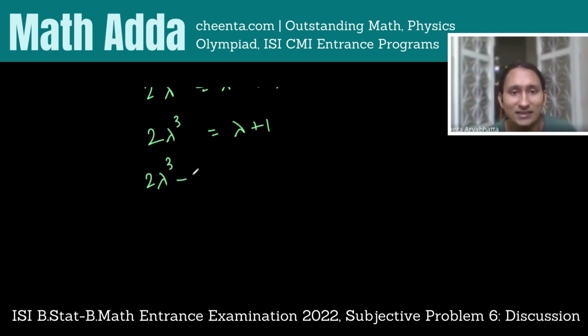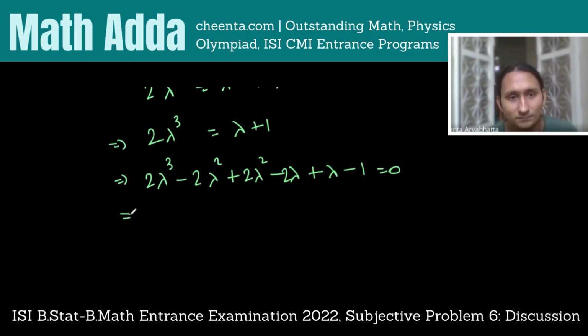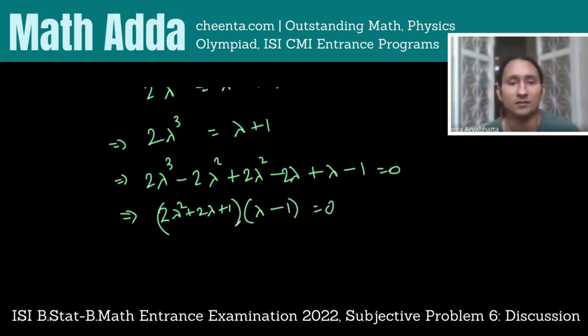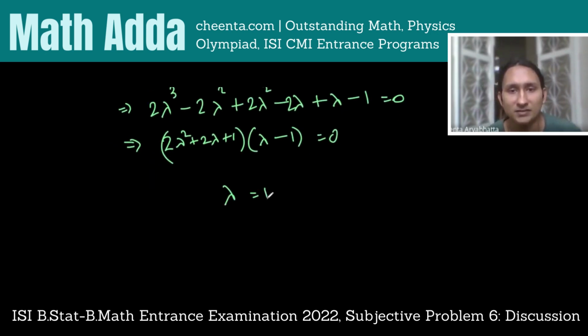I just factored it like this. Therefore, lambda is equal to 1 or minus half plus minus i by 2.